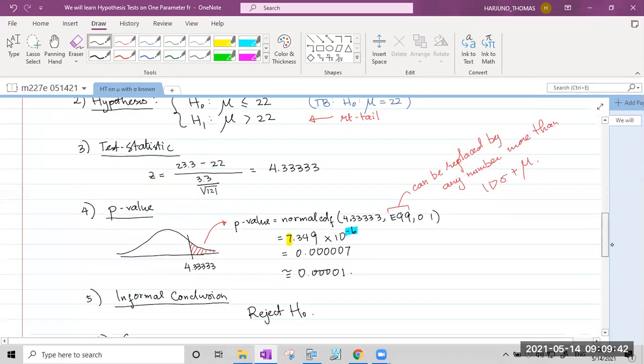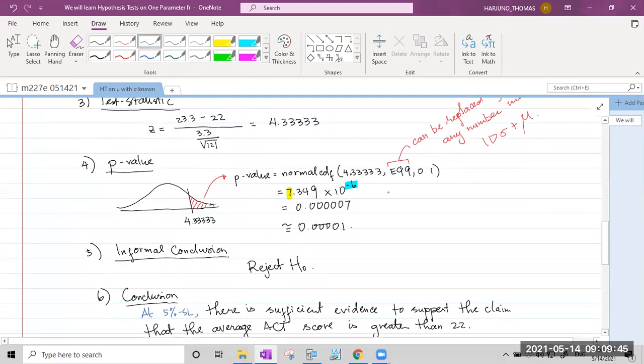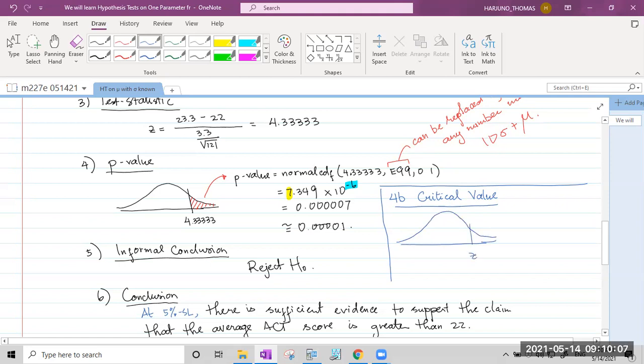Now before I let go, I'm done with this. In case you are interested in getting 1 extra point in your test, then do step 4b. That's the critical value. Critical value is the number, in this case the Z critical in the right tail, that gives you the region for which we will reject the null hypothesis.